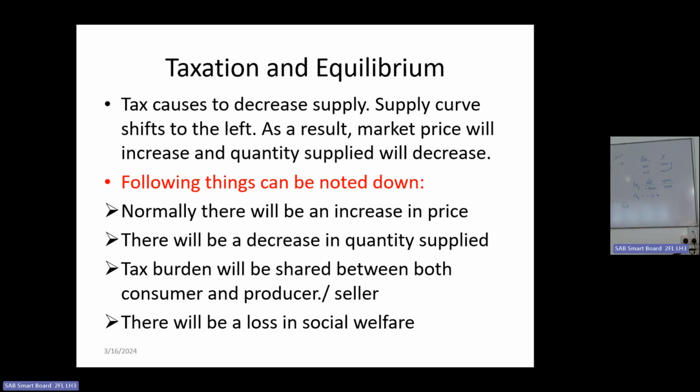So this is the price that the producer is willing to supply the quantity at after the tax, right? So this part is borne by the producer. So if the demand is inelastic, more tax burden will be shared by the consumer.